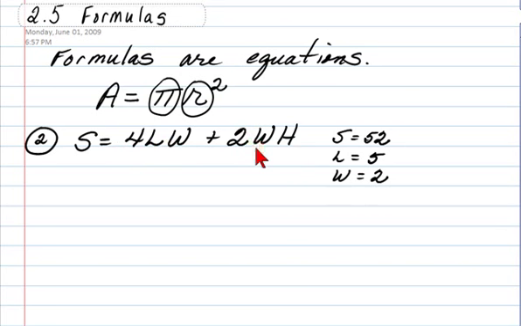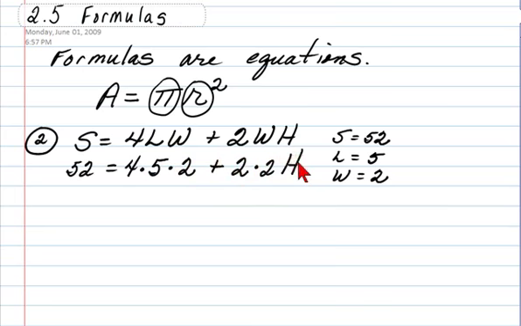And you don't have H unknown? Yes, H is unknown. In the place of S, I'll put 52 is equal to 4 times, the length is 5, the width is 2, plus 2 times, the width is 2, and the height, I have no idea. H is unknown.